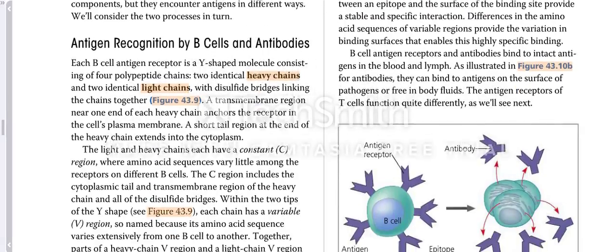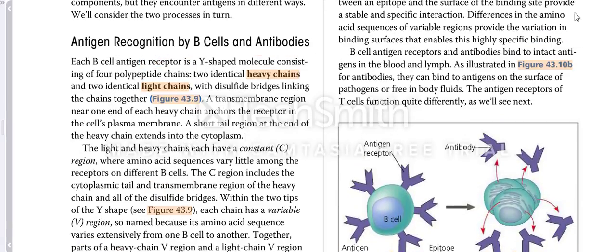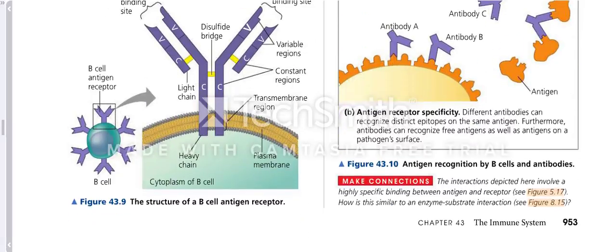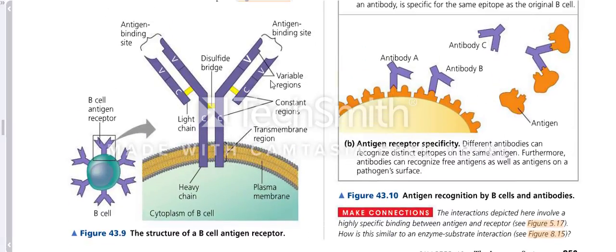Moving on down here, we begin to talk about B cells and how they function and are made up. However, this section really just describes everything we're going to see down here in figure 43.9.